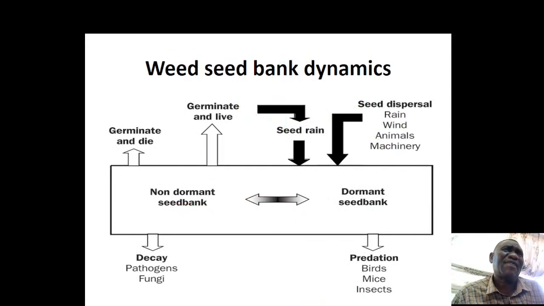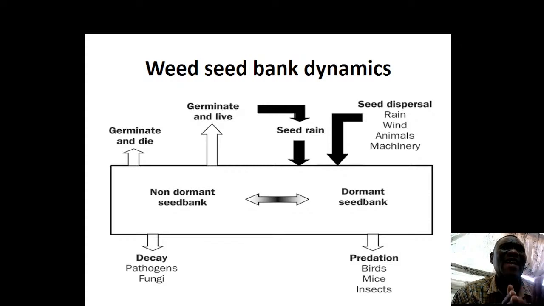Probably this could be a better diagram where we focus on weed seed bank dynamics. Now, if you have got weed seeds which are in the soil, they are in two states.